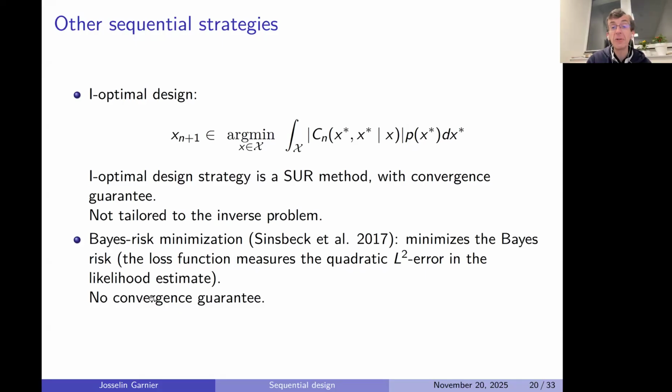And if you look at the literature, you can find, in particular in this paper, another strategy which tries to minimize another loss function, which is in fact a variance or a quadratic L2 error of the likelihood estimate. So it only focuses on the fluctuations of the likelihood and tries to minimize them. That makes sense. Again, the problem is that this one is as complex as IPSU, and there is no convergence guarantee. It's not a supermartingale.